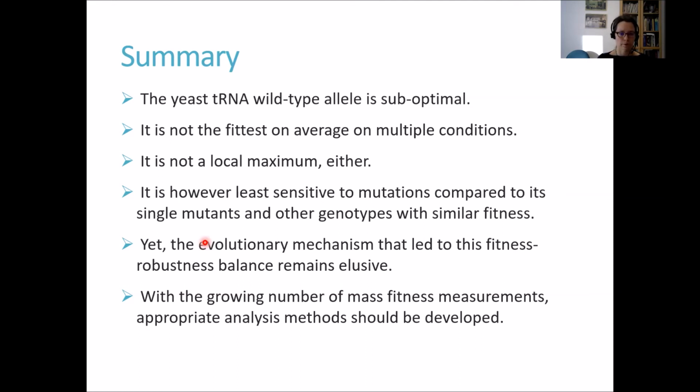The evolutionary mechanism that led to this fitness robustness balance still remains unknown. And also with the growing number of mass fitness measurements, appropriate analysis methods should be developed, like the thing that I've shown you here with the fragility and how to compensate for the incompleteness of the data set.